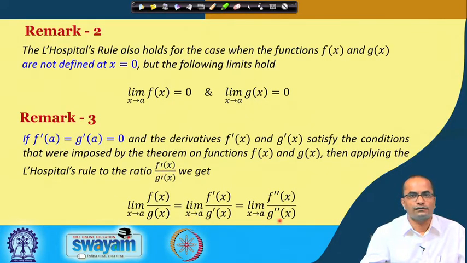Then the rule says that this limit of f prime over g prime will be equal to the ratio of the double derivatives of f and g as x goes to a.